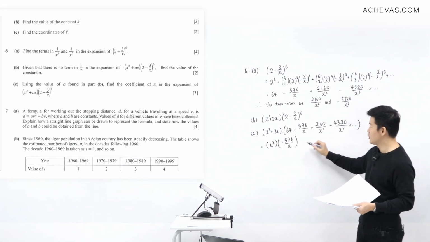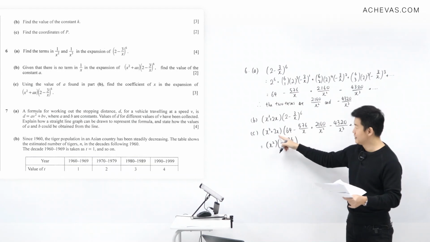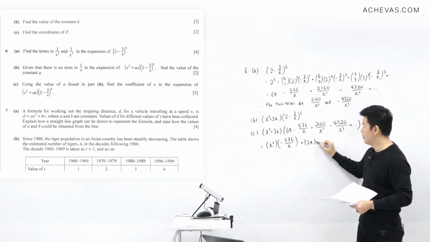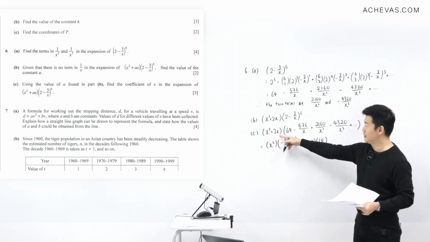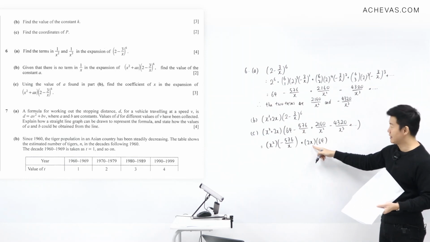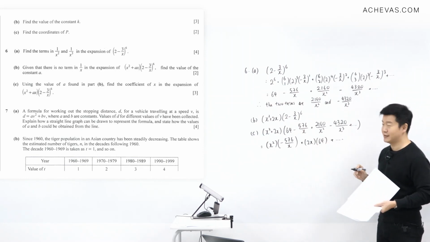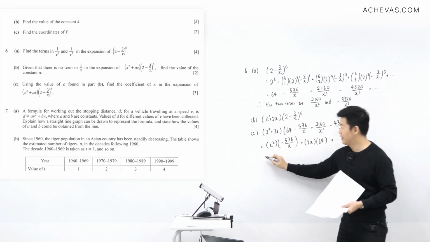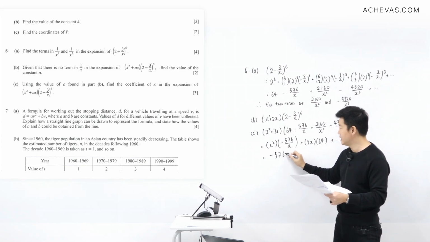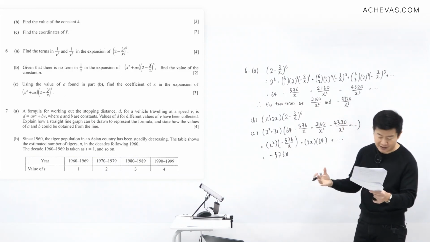And the other term that is going to be in x, oh, it is actually pretty obvious. It's just this and this. So it will be plus 2x multiplied by 64. If I were to take this multiplied by any other terms, I'm not going to be getting the term that is in x. So for the rest of the terms, I'm going to just ignore them for this part. And what I'll be getting here is minus 576. This times this, yes, it is a term that is in x.